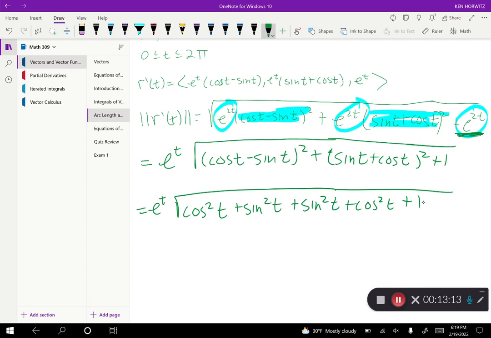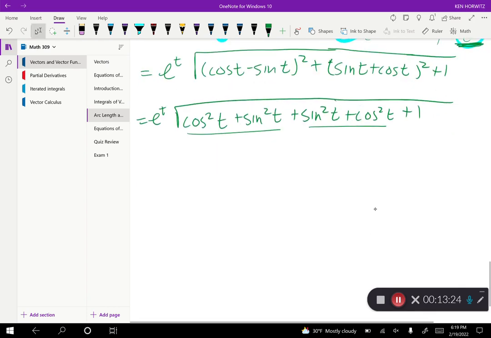There were some other terms in there, but they added to 0, so they were eliminated. Now I've got cosine squared plus sine squared, which equals 1. Sine squared plus cosine squared equals 1. So once again, I got e to the t, 1 plus 1 plus 1, which equals radical 3 e to the t.